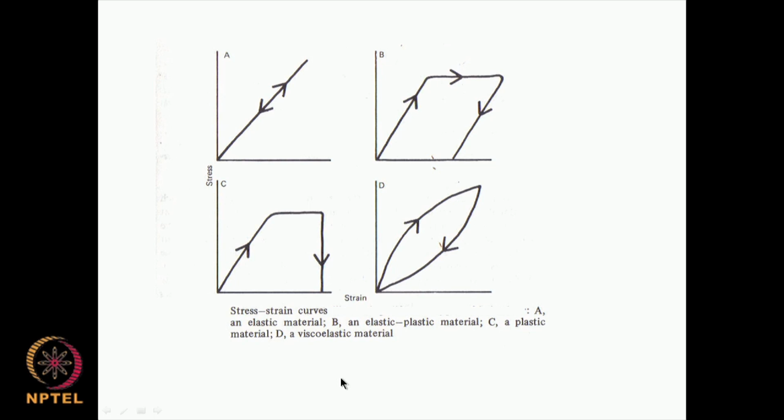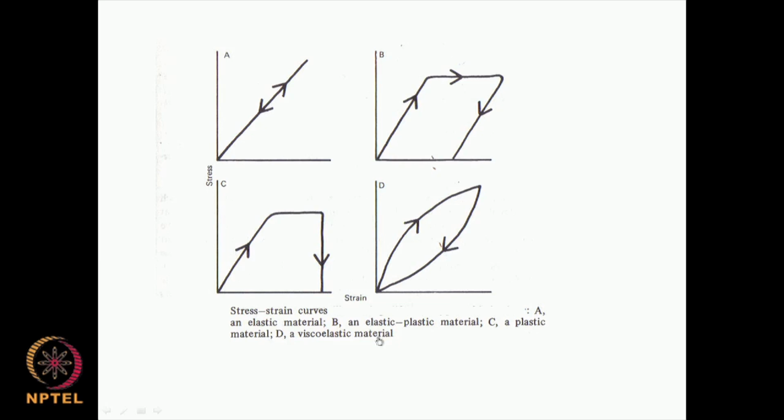Whereas if you take a plastic material, it will have this type of graph. So, the slopes are different, the way it is going up, the way it is coming down, and there is something like a hysteresis, and this is called a viscoelastic material.